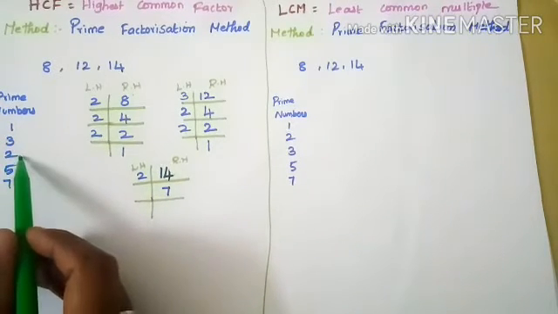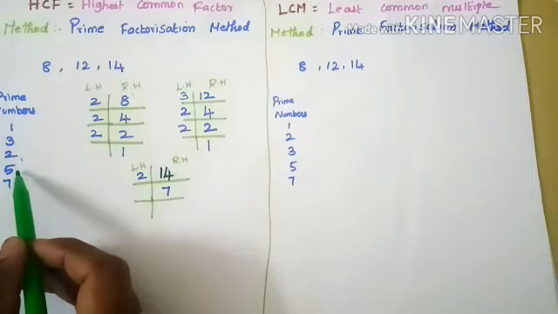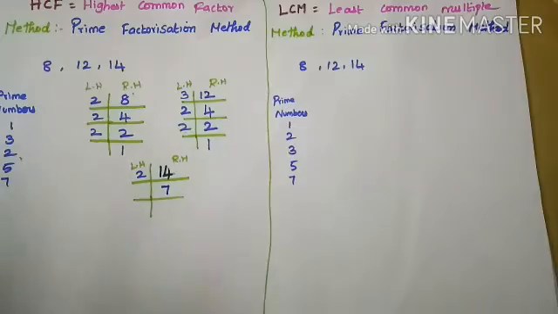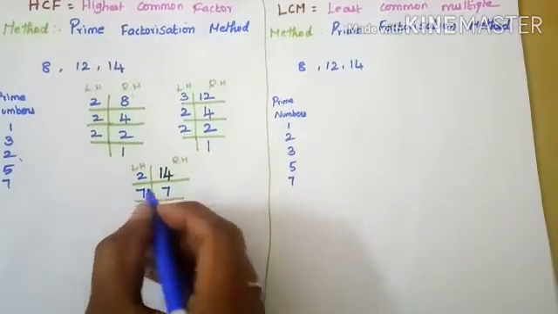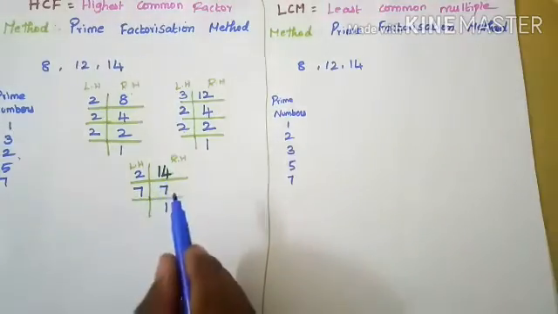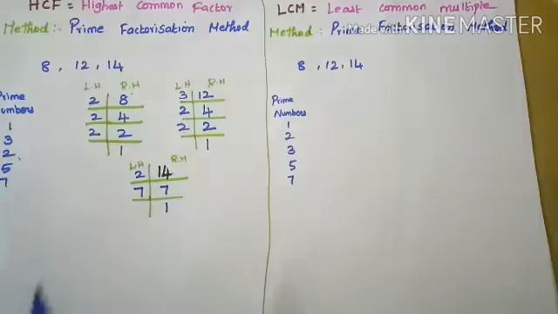No. 2 table? No. 5 table? No. 7 table? Yes. So 7 is divided by 7 table because it's a prime number. 7 is only divided by 7 table and 1 table only. Now we get the 1.